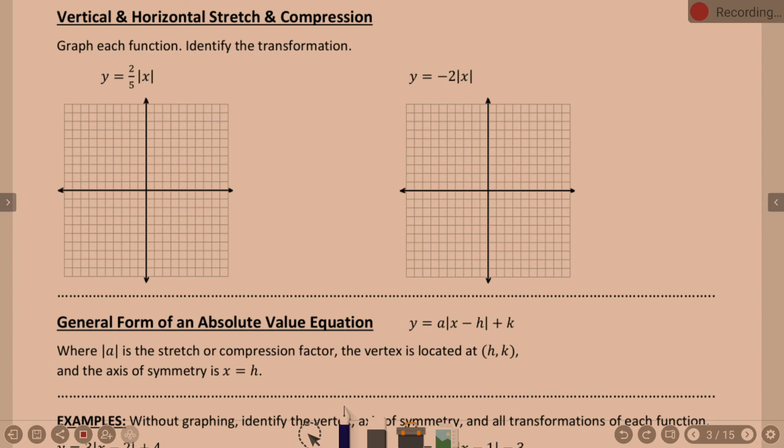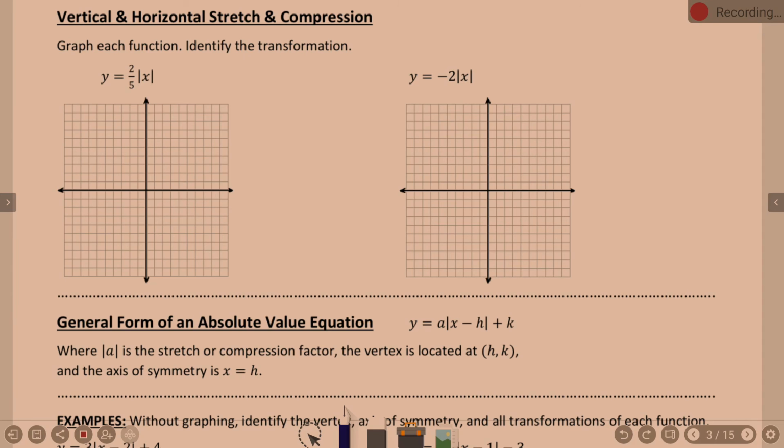Go ahead, Ruby. Horizontal compression. Is it a fraction? It is a fraction, but it's not with the x. If we're talking fraction where it's x divided by something, then we could talk horizontal. Okay? Logan?